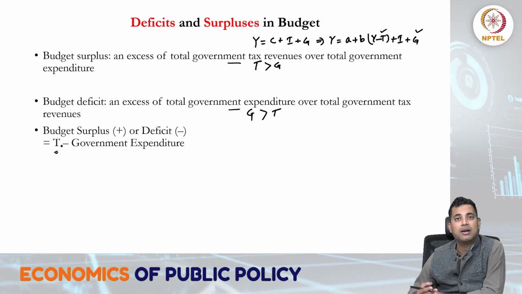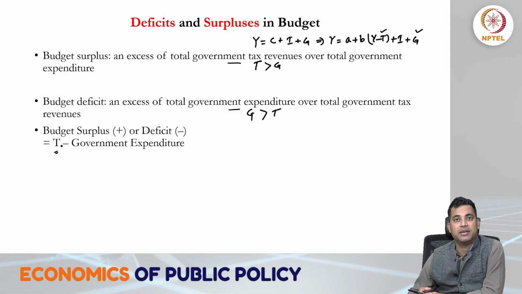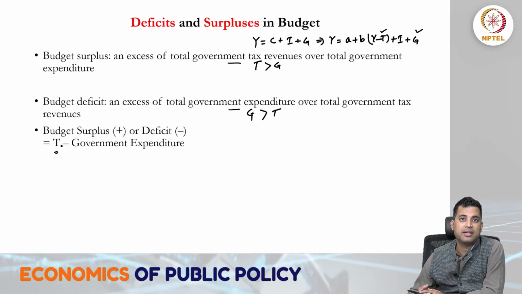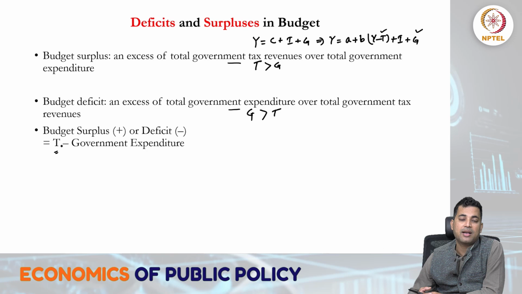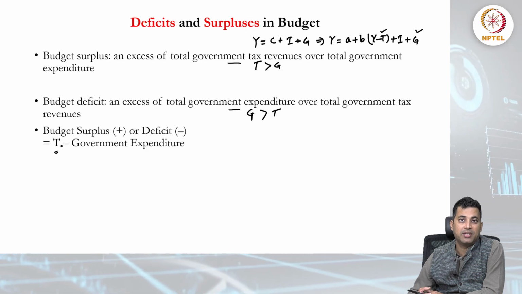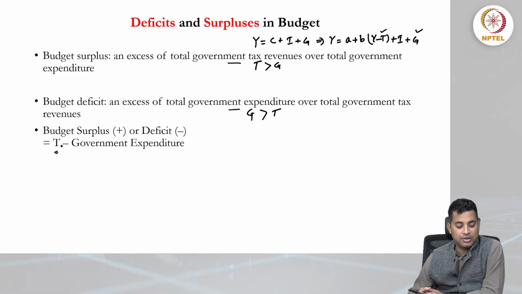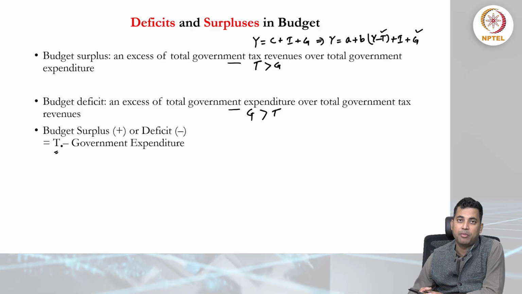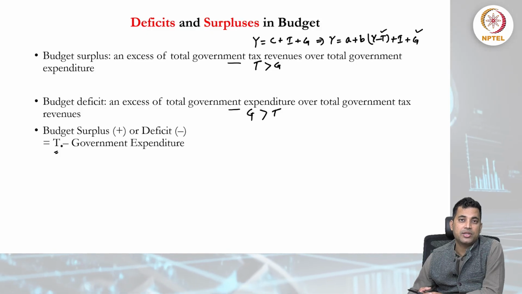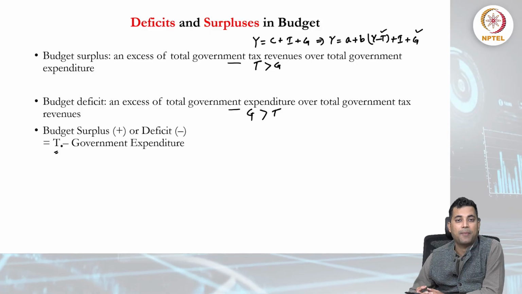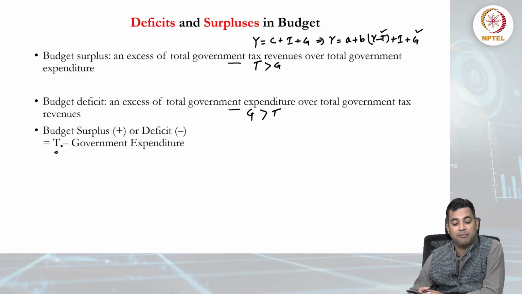So those come as part of the government expenditures. This is quite obvious: if somebody takes a loan, the rate of interest has to be part of the expenditure, and here also it is the same case. When the government borrows money or takes a loan, the interest on the loan will be considered as government expenditure.